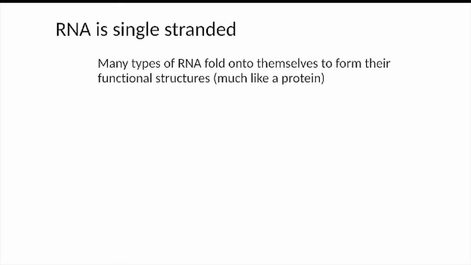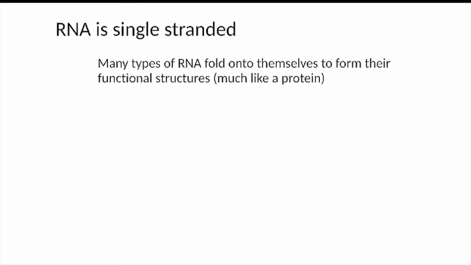So when we're talking about the natural world, there are almost always exceptions. RNA is single-stranded. This is one of the primary differences between RNA and DNA, but there are exceptions. So I'm really going to encourage you throughout this course to get comfortable with the gray areas. Get comfortable with the fact that there are so many gray areas in the natural world. And this is where the magic often happens, in these gray areas.